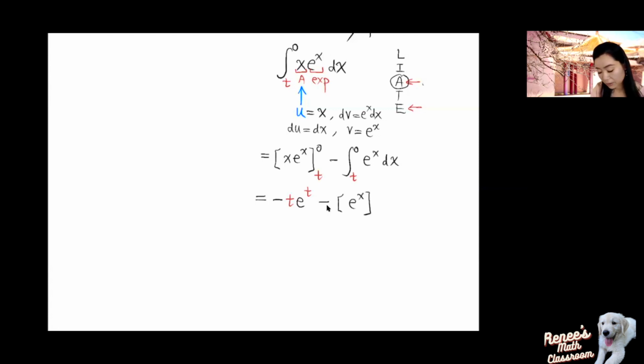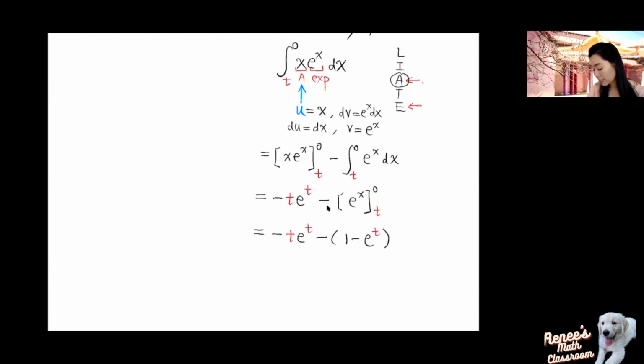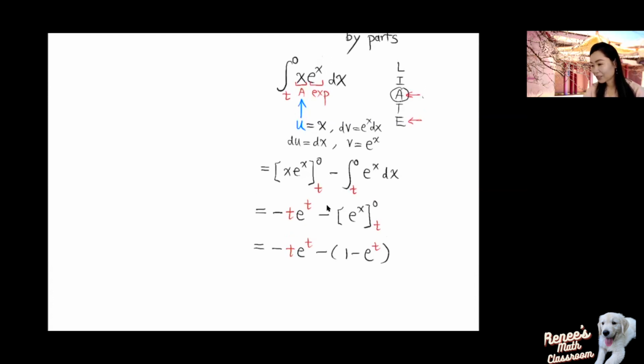So we substitute t and 0. Finally, we got this: 1 minus e to the t in parentheses. All right, so we use integration by parts and we get to this, right?